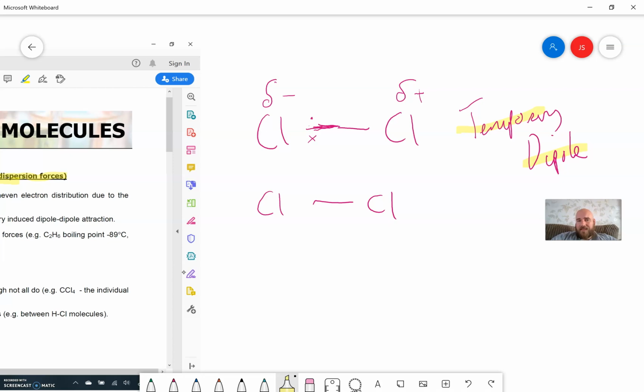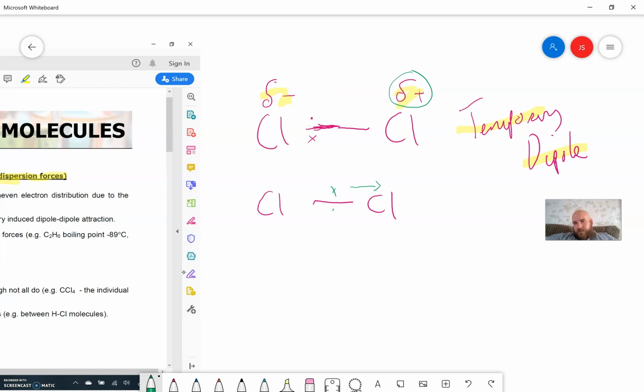Well, because there's a delta negative and a delta positive, they're going to attract and repel electrons in other molecules. So what you'll find happening is that the electrons in this covalent bond here would end up shifting towards this end. Why would they end up shifting towards this chlorine atom, i.e. away from the middle? It's because of the delta positive chlorine there.